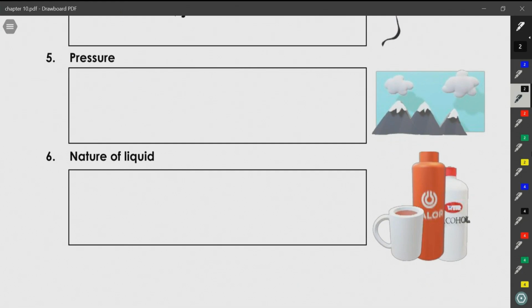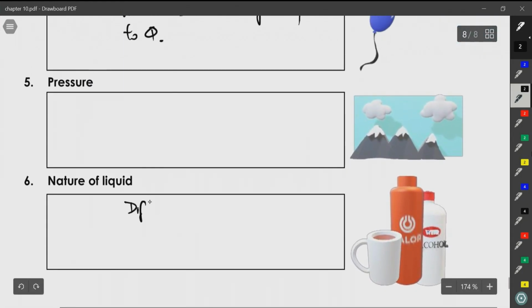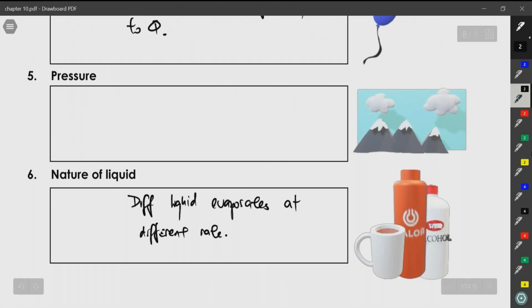Nature of liquid: different liquids evaporate at different rates. Maybe because the energy required by each liquid is different.